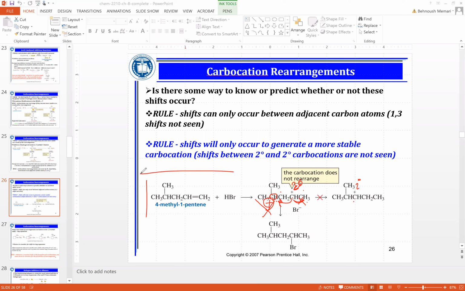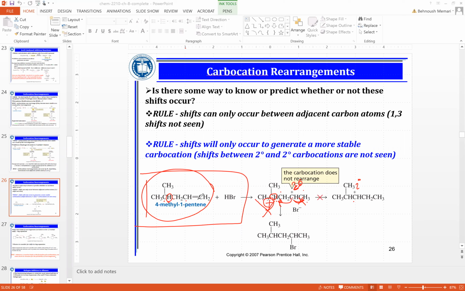So this could be an example in a slide, but on the multiple choice questions, you would have this one and the two examples that you had before. And the question is, which compound has no chance for rearrangement? The only way that you can answer the question correctly is if you looked at the structure and see this double bond is two carbons away from the tertiary.